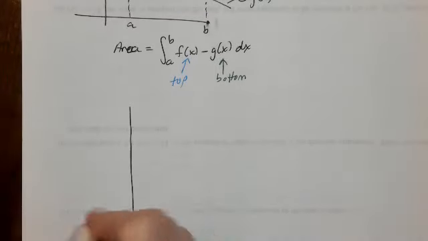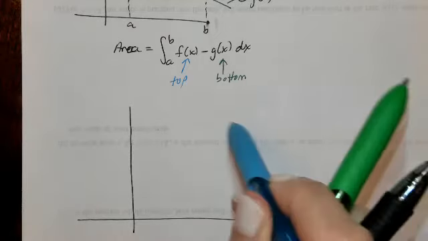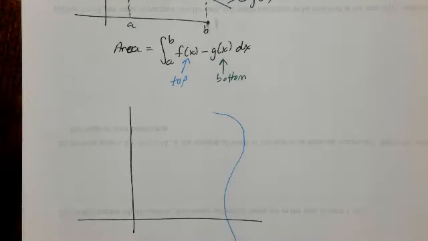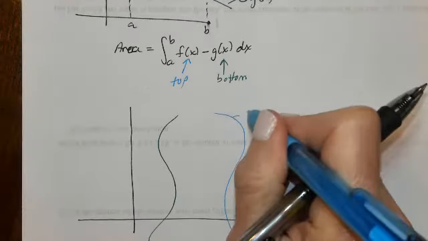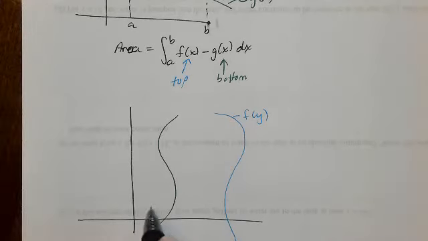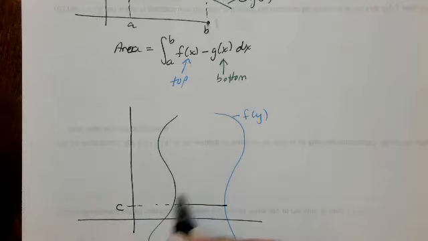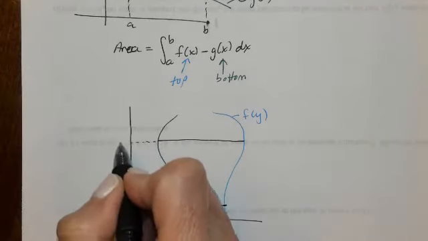If our curves are not functions of x, if our curves are functions of y, so let's say we have f of y and g of y, and we want to find the area of these curves between y equals some number, let's call it c, and y equals another number, let's call it d.